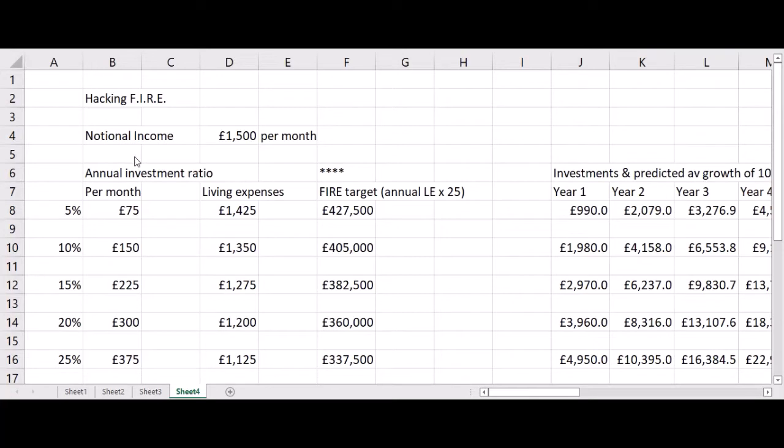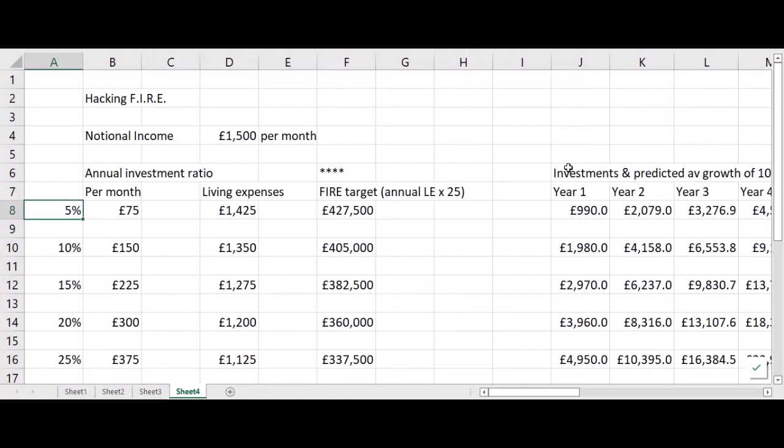financial independence. So if we look at this example, as you can see here, I've noted a notional income of $1,500 a month, and then we've got different rates of investment.